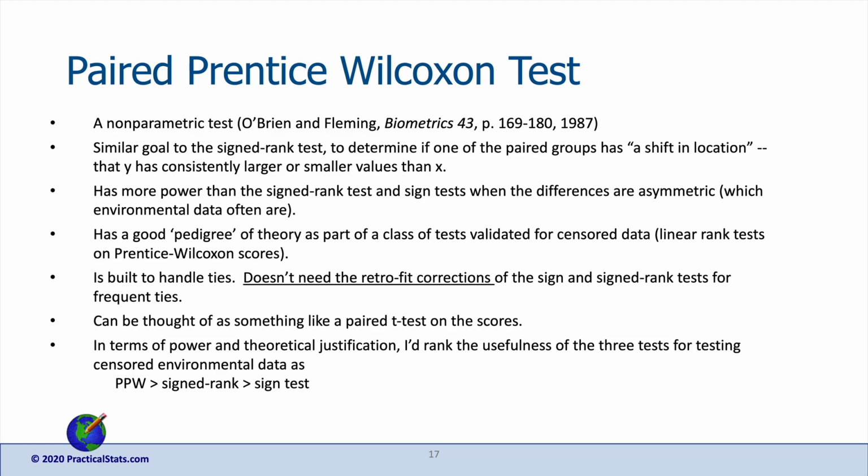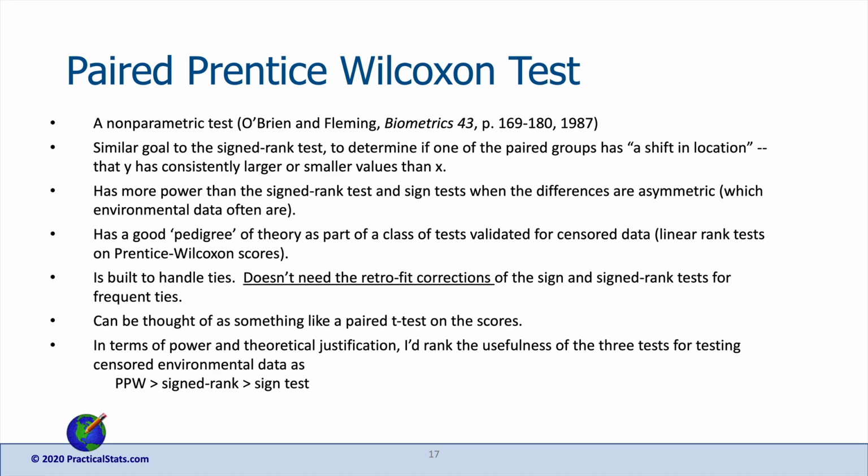So that assumption of symmetry is a problem with the two previous tests, and it is not a problem with this test. It has a good pedigree of theory as part of the class of tests that are used in censored data. I won't go into that in this talk, but linear rank tests on Prentice-Wilcoxon scores. And you'll just have to take my word, that's a fairly standard procedure with censored data.